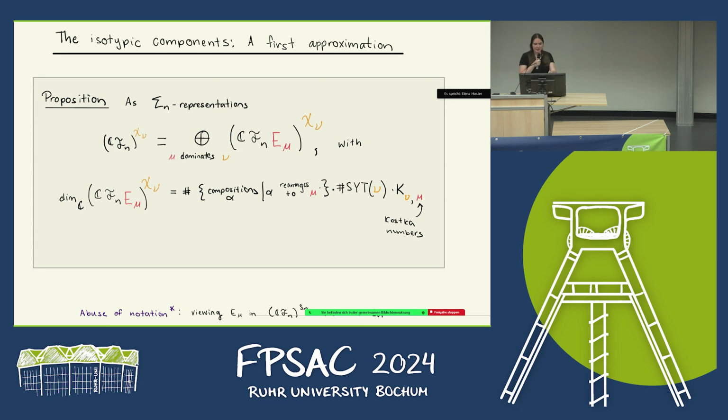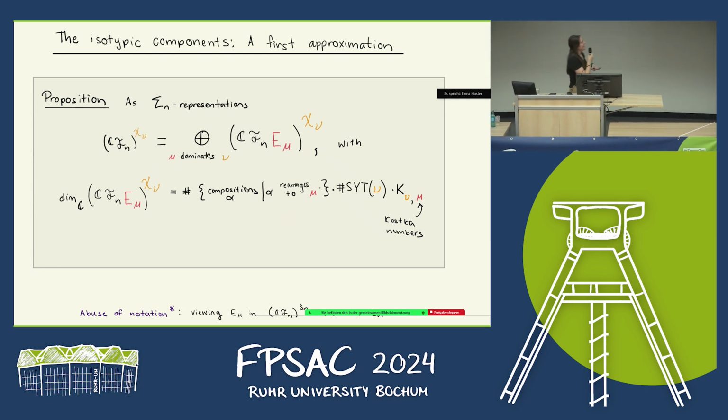And we'll do that by breaking it up into pieces that are also indexed by partitions of n, like everything in this project. We won't really need them, but I think the dimensions are kind of nice, so I put them down as well. The dimensions are quite combinatorial and involve Kostka numbers, standard Young tableaux, and counting compositions that rearrange to a certain partition.